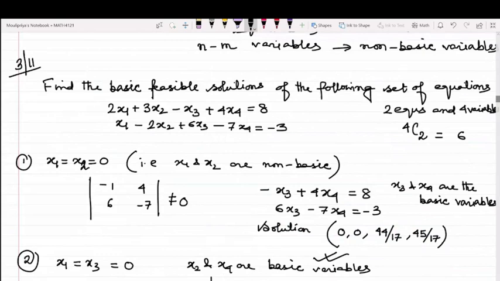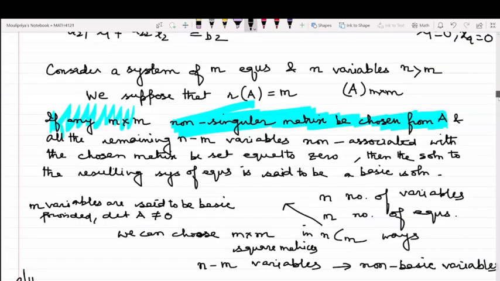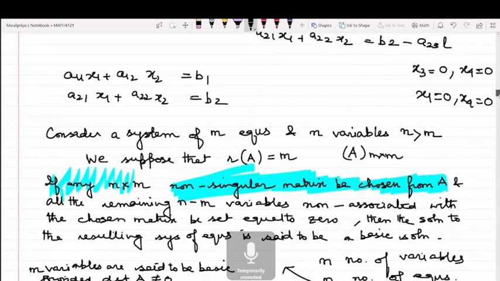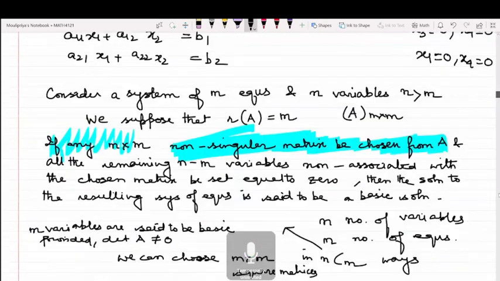So we have two equations, 4 variables. So tell me about how many basic solutions we can have. And that implies at a time there can be how many non-basic variables? Exactly. See, everything is interlinked, right? So we need to remember all the things.